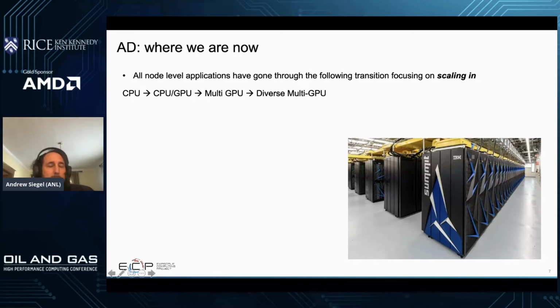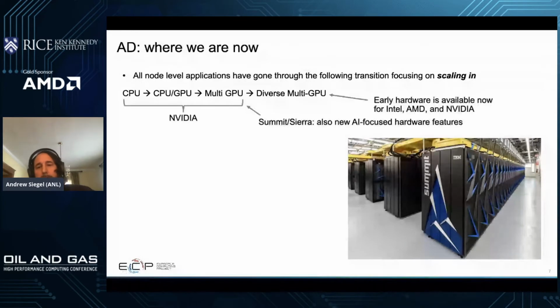So they've gone from CPU, multi-threaded CPU, to CPU plus single GPU, to CPU working with multiple GPUs, which brings in new challenges, to diverse multi-GPU architectures. And that includes early hardware that we have access to from Intel, AMD, and the new NVIDIA hardware. And it also includes new hardware features that are targeting AI workflows, but which can also be used more generally in creative ways to accomplish computational science.